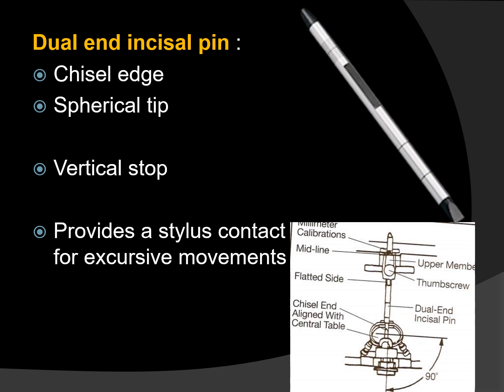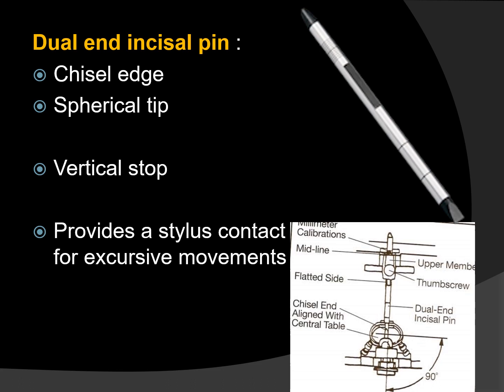Now when placed, as you can appreciate in this picture, the widened midline of these metric grooves should be aligned with the top edge of the upper member, and this position is secured by using a thumb screw which is tightened against the flattened side of the incisal pin.